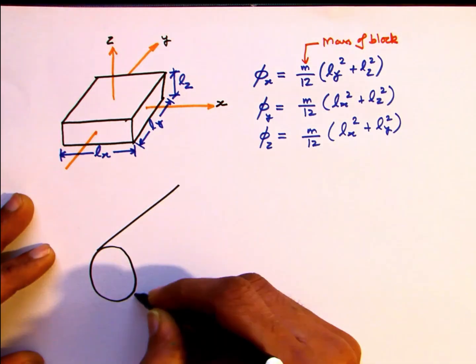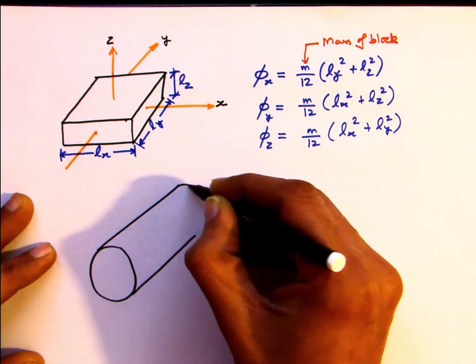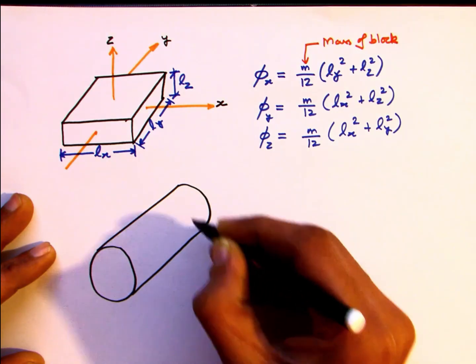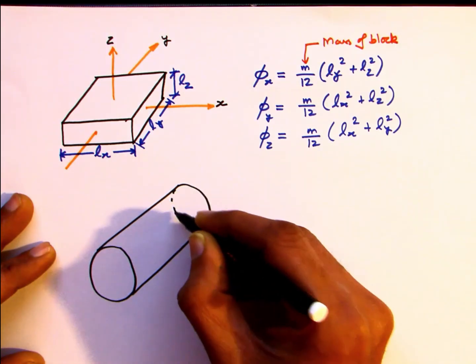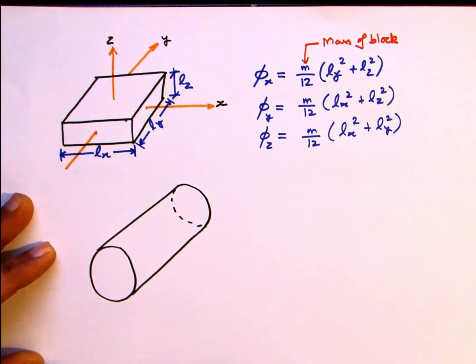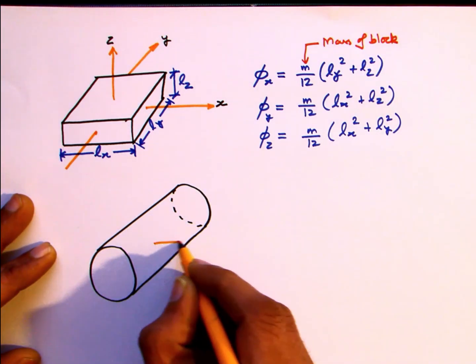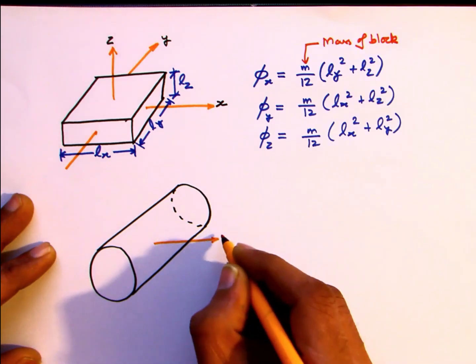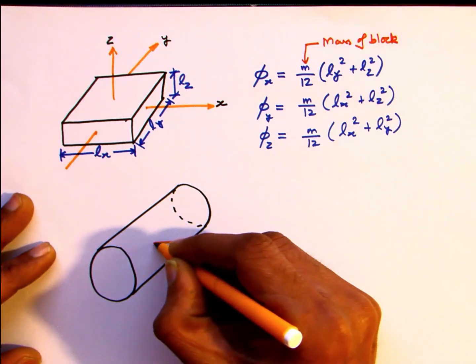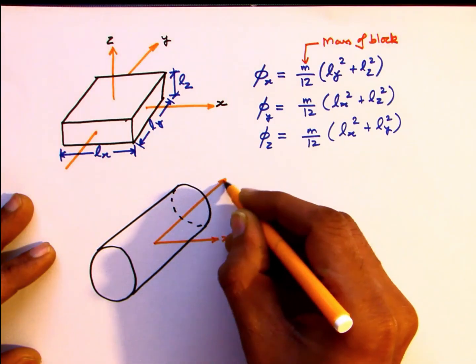If we have a cylindrical block, then the expressions for the mass moment of inertia along various axes are as written here. This shape is a bit rare in the case of machine foundations.